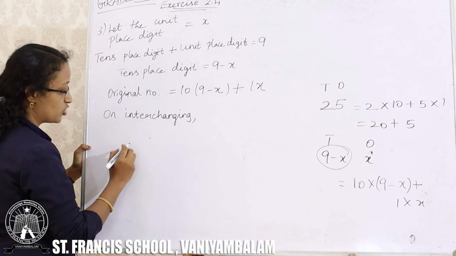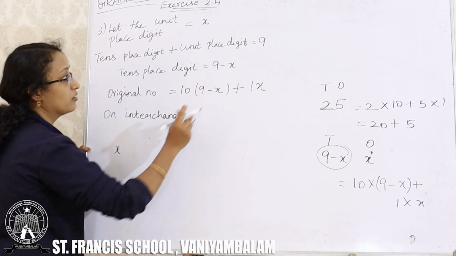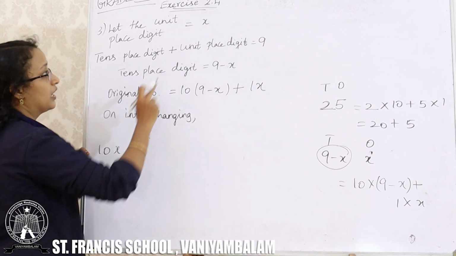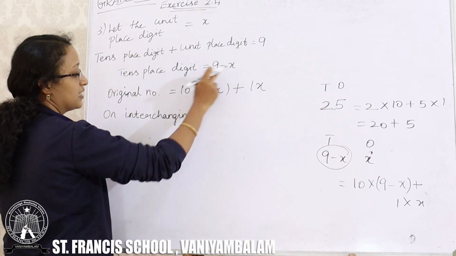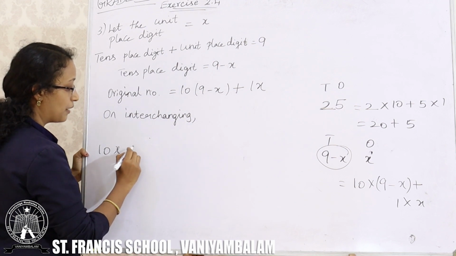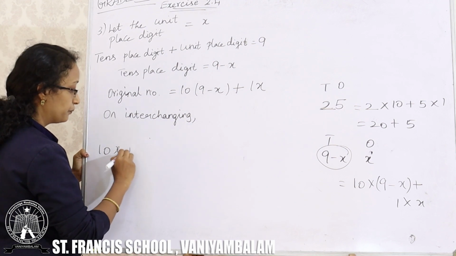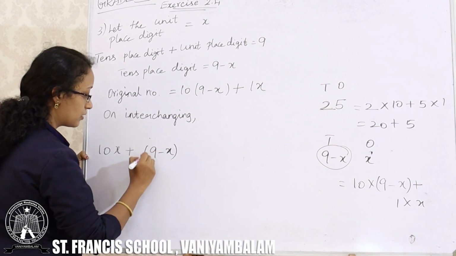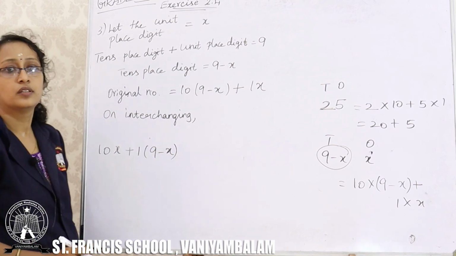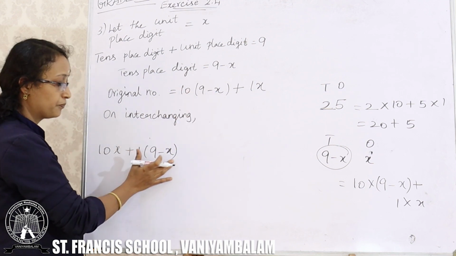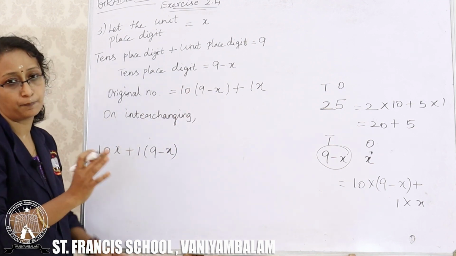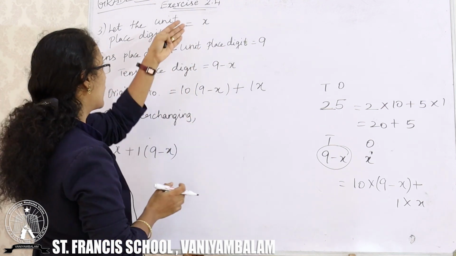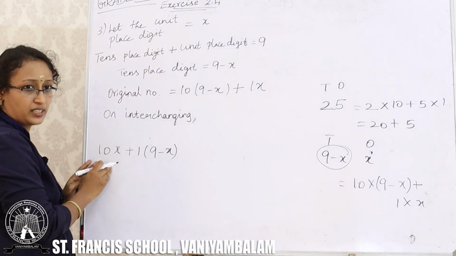I am going to give the unit digit to the tens place, and the tens place digit, 9 minus x, I am going to give to the unit place.